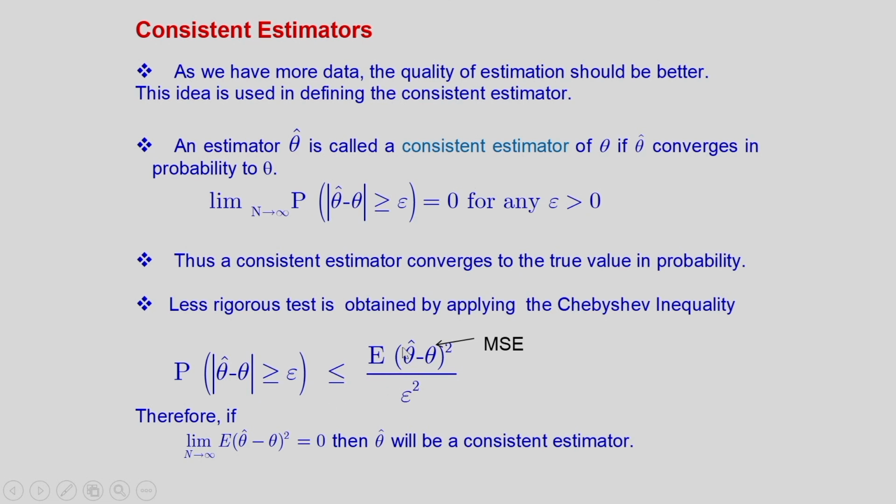Therefore, if this quantity goes to 0, then this probability will also become 0. Therefore, if the limit of E of (theta hat minus theta) whole square as n tends to infinity is equal to 0, then theta hat will be a consistent estimator. This is the test for consistent estimators we will be using.